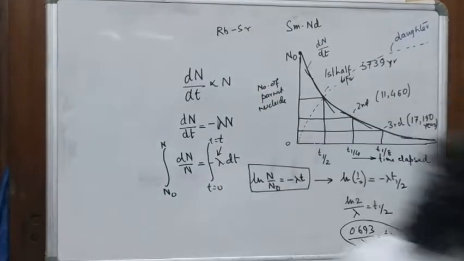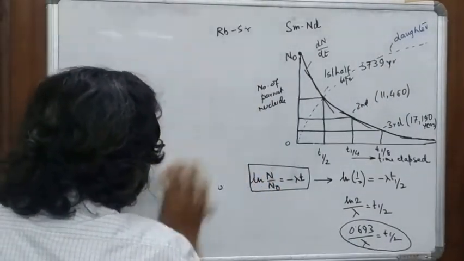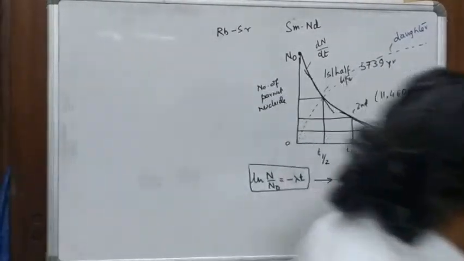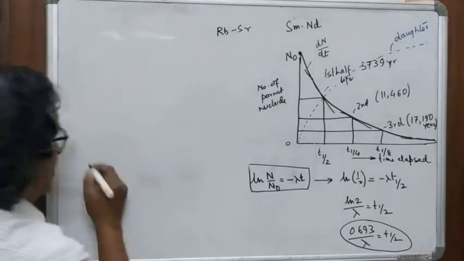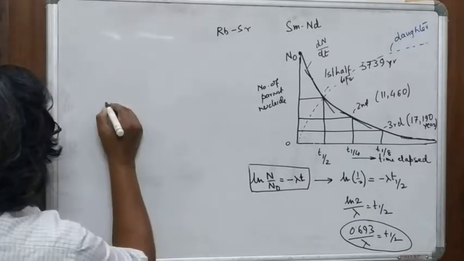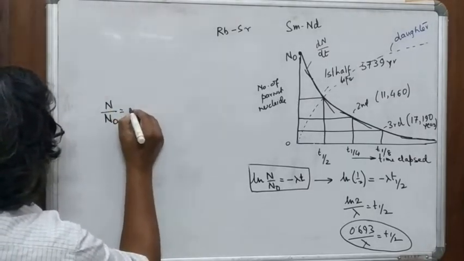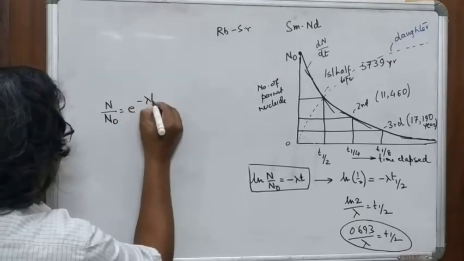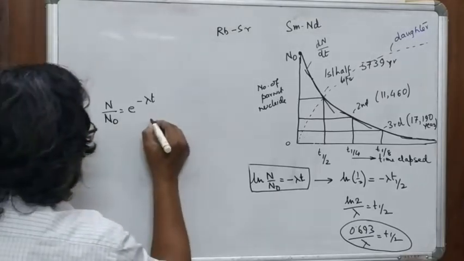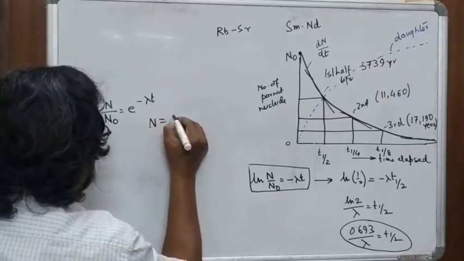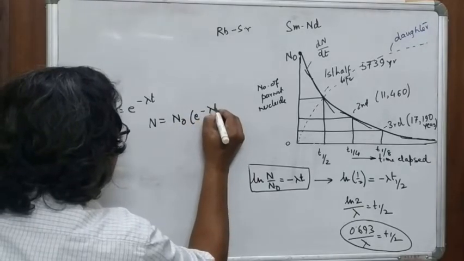The other equation that can be derived, and that is important for us, is this. Here we can write N by N0 is equal to e to the power minus lambda t, and from this we can write N is equal to N0 into e to the power minus lambda t.